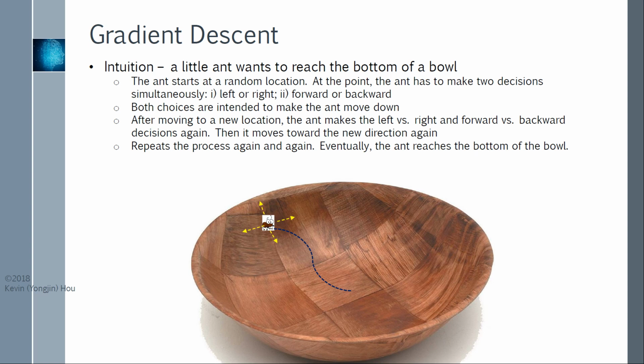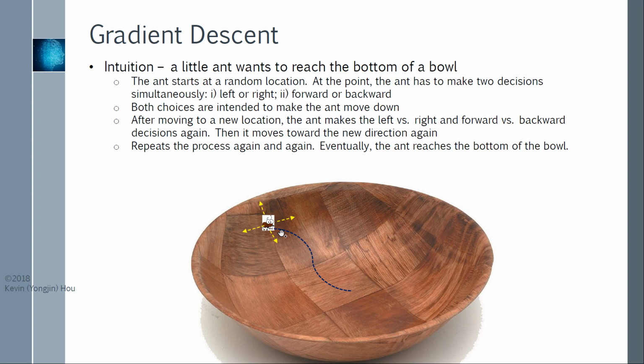Imagine there's a little ant that wants to reach the bottom of a bowl. The ant starts at a random location right here. At this point, the ant has to make two decisions simultaneously. One decision is to either turn left or turn right, and at the same time go forward or backward. When the ant makes such decisions, the goal is to get itself lower and lower. So the ant makes the first decision, which gets it lower.